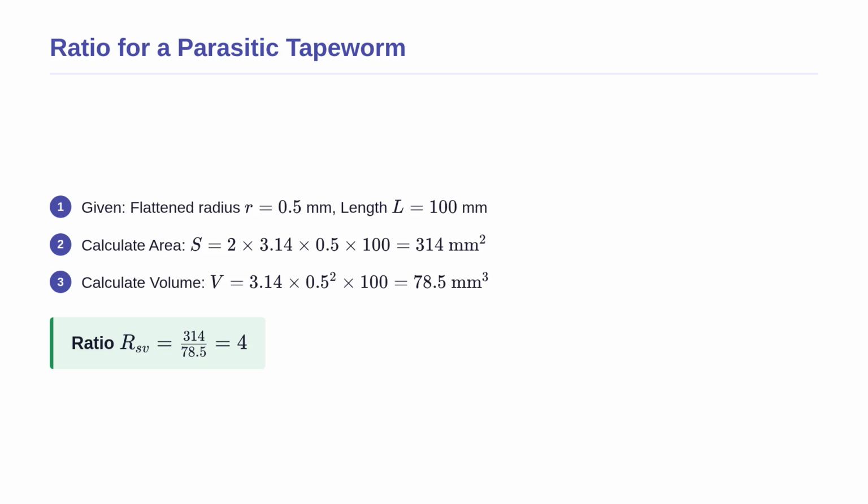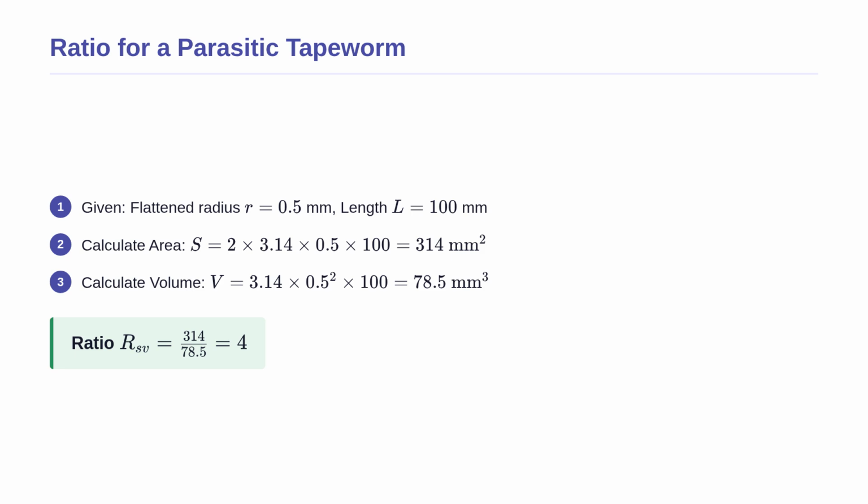Now, let us look at the parasitic tapeworm, which has adapted by becoming flattened and thin. Its length is the same, 100 millimeters, but its radius is drastically reduced to 0.5 millimeters. We calculate its surface area using the same formula, which gives us 314 square millimeters.